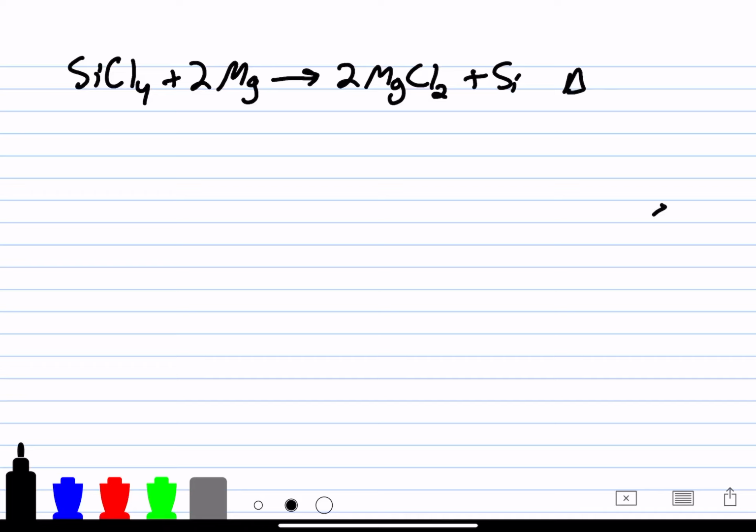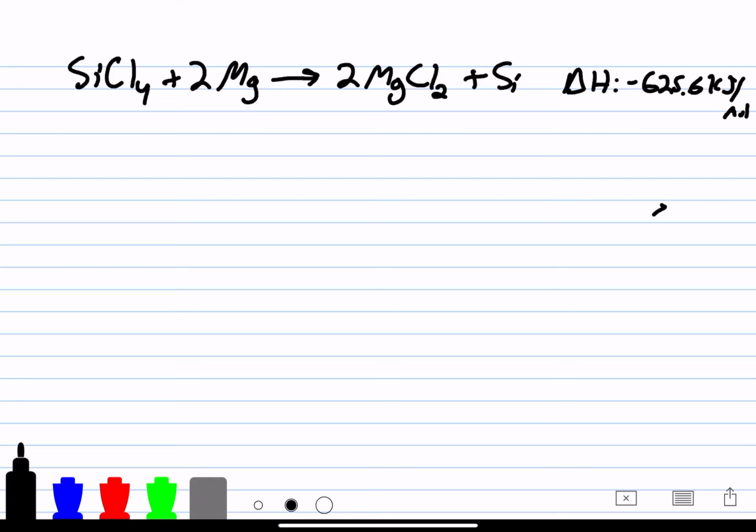And it gives delta H for this reaction as negative 625.6 kilojoules per mole. So this is going into chapter 14 when we learn about thermodynamics.